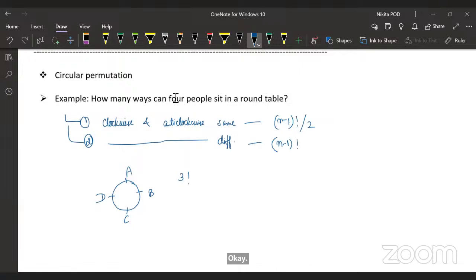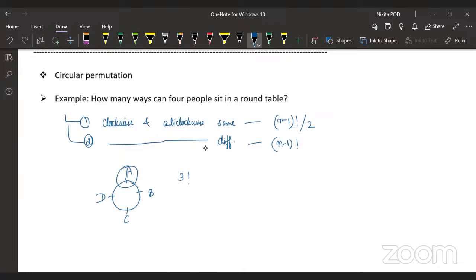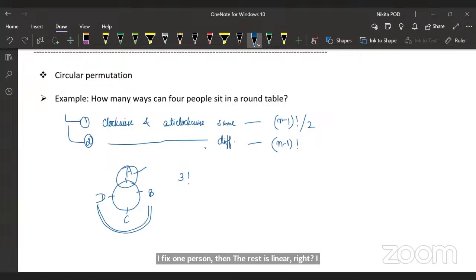Ma'am, can you repeat why is it n minus 1 factorial? Yeah, because if you have to make people sit on a circular table and you fix one person, let's say I fix one person, then the rest is linear, right? The rest you can arrange the way you would do when the setting is linear.